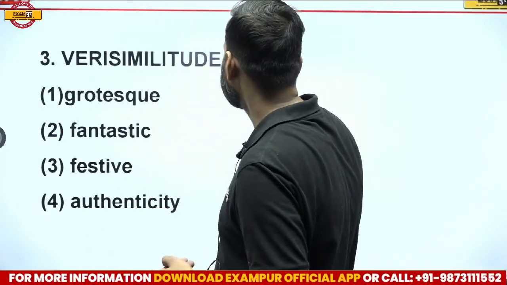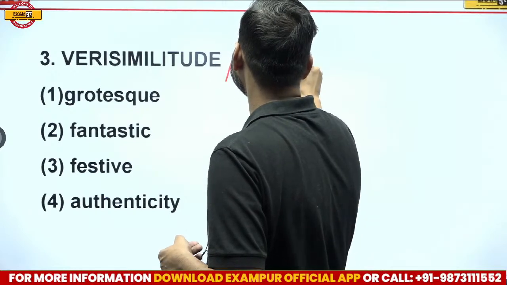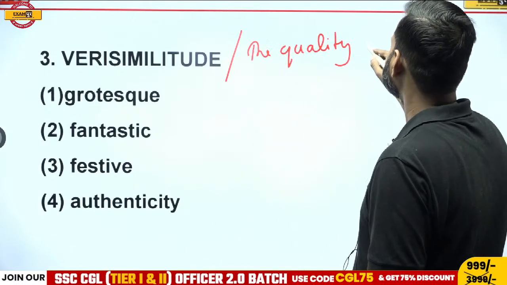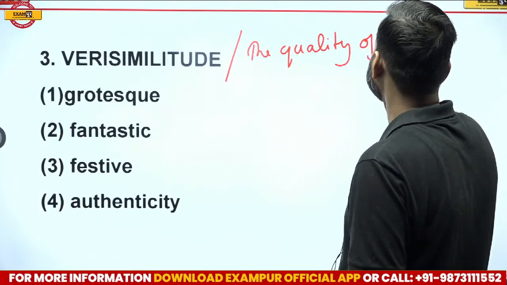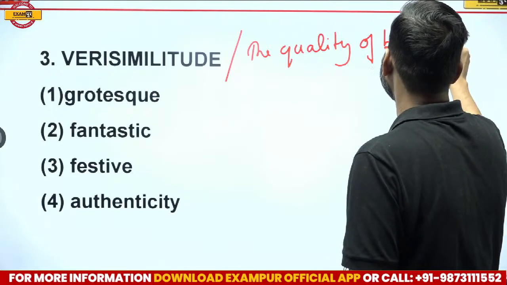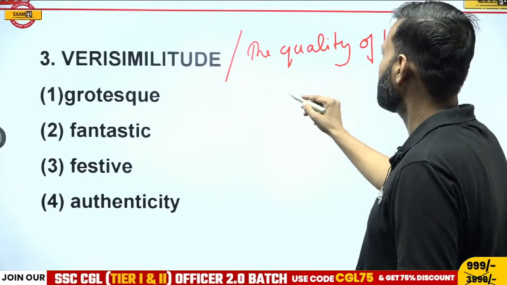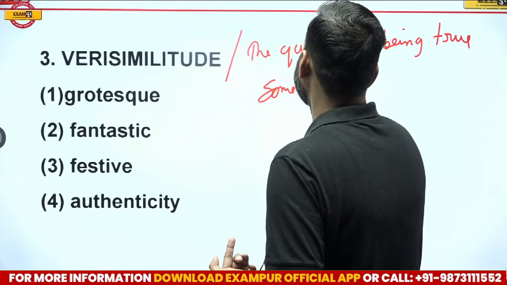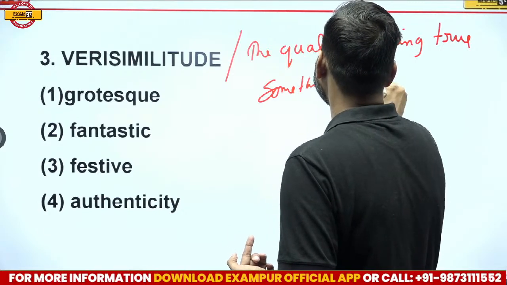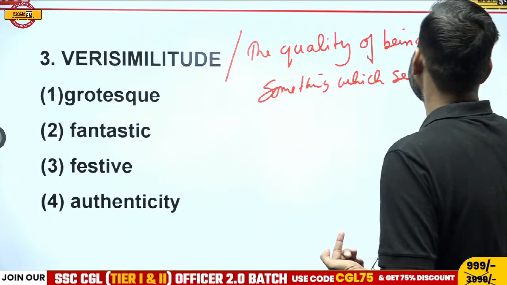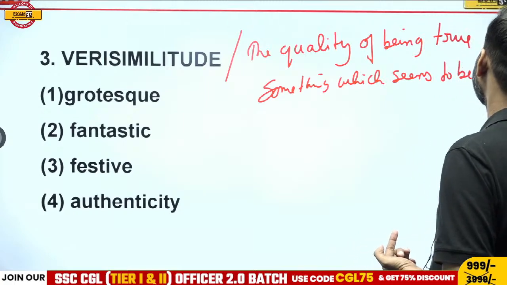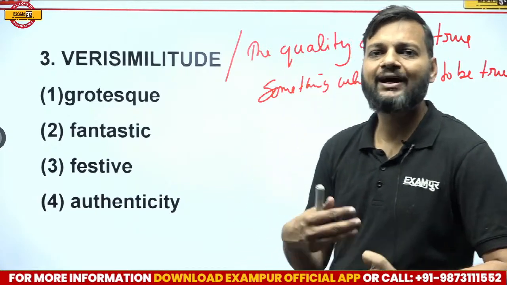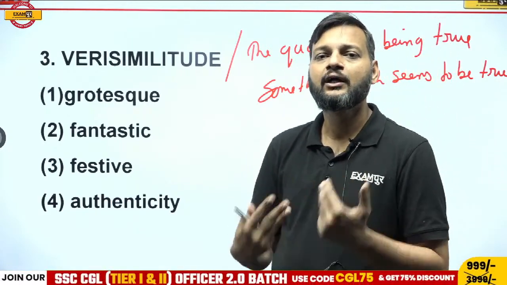Verisimilitude means the quality of being true, or something which seems to be true, or we can say authentic. Right? So verisimilitude means something which seems to be true.